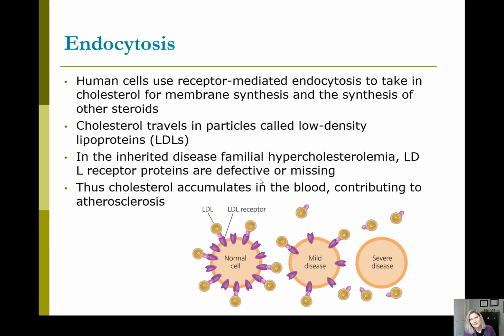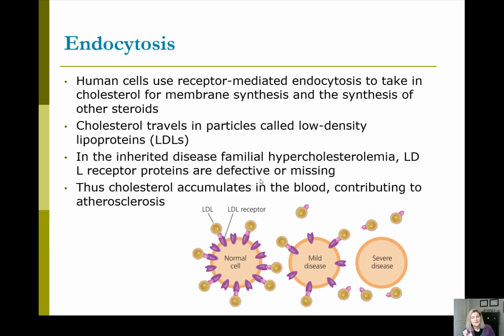You might know them as the healthy part. Excuse me, the unhealthy part. Like in your cholesterol readings, you always want high HDLs and low LDLs. So people with this disease don't have the receptor sites where these LDLs attach.